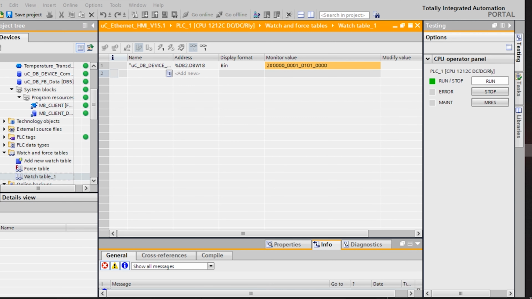Here we have the sensor word being received in the PLC. I'm currently hitting the tip of the sensor with my hand in order to change the data.